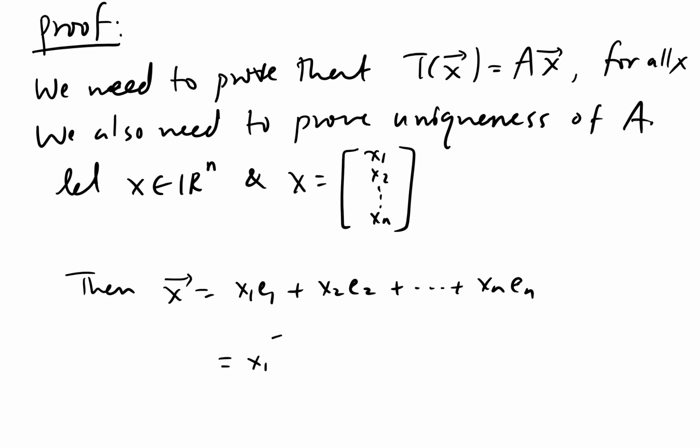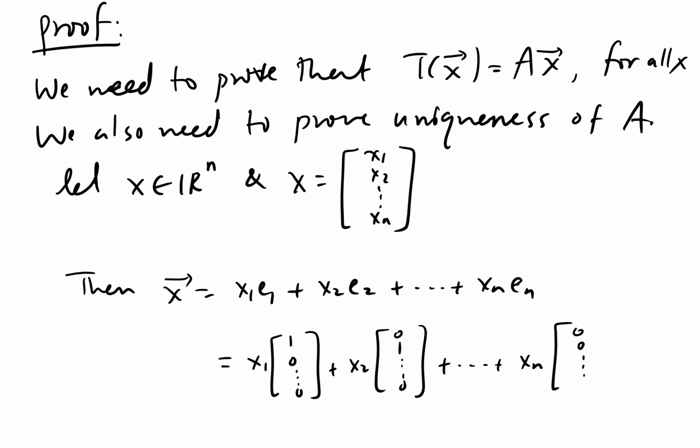So x1 e1 is x1 times 1 0 all the way to 0, plus x2 times 0 1 0 all the way to xn times 0 0 all the way down to 1. Because when you multiply x1 by the 1 0 0, you get just x1. If you multiply x2 by 0 1 something, you also get x2 and so on and so forth.